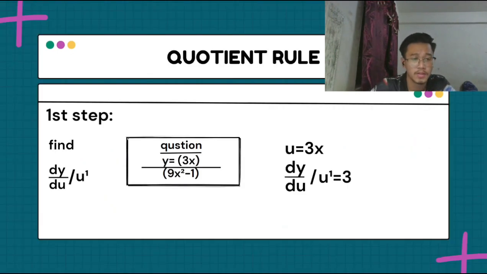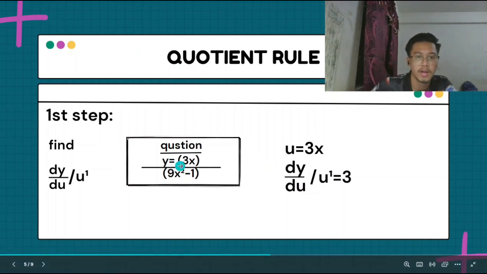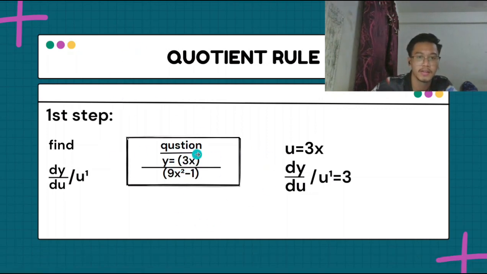So the first step is we're going to find du over dx, or u prime. In the question, y equals open bracket 3x close bracket over open bracket 9x squared minus 1 close bracket.